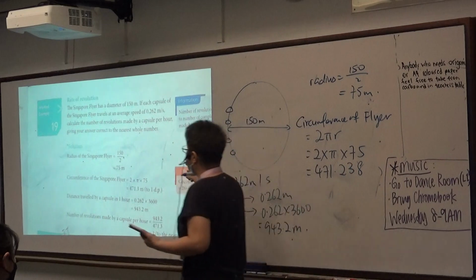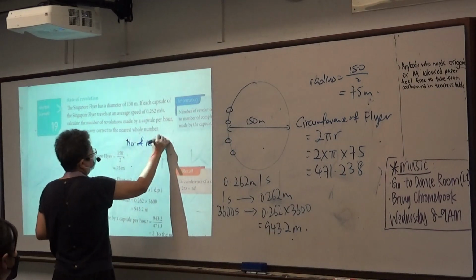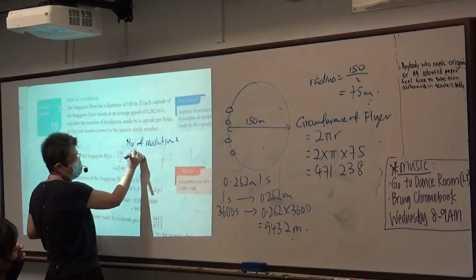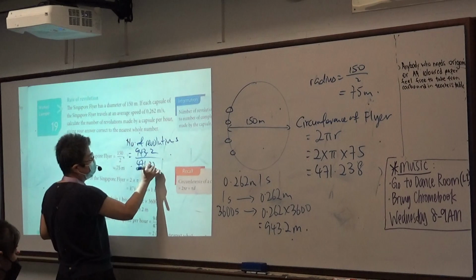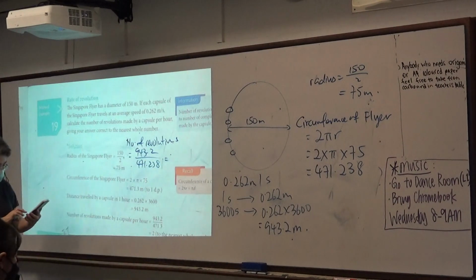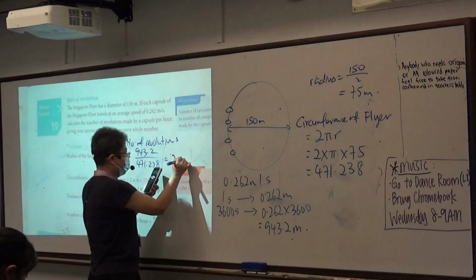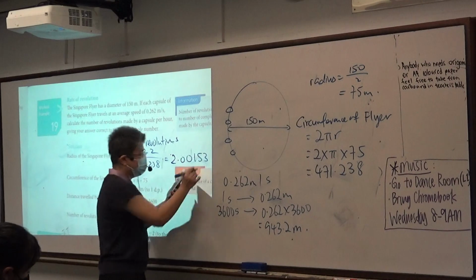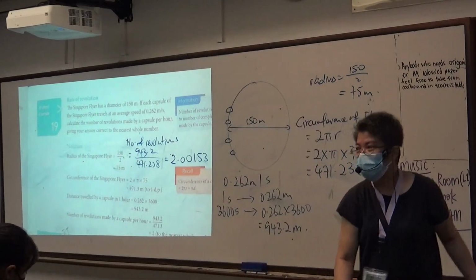So number of revolutions will be 943.2 divided by 471.238, right? I will get 2.00153. Okay? Understand?